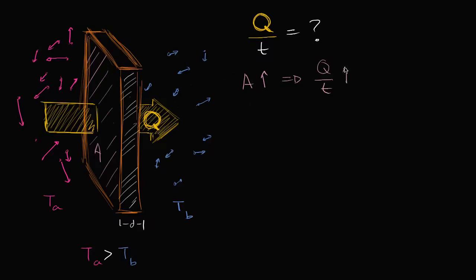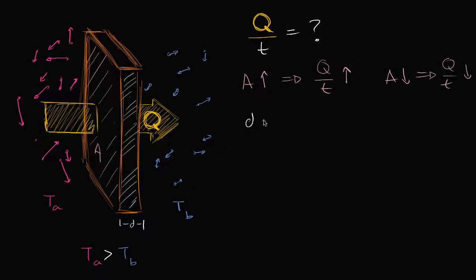So in that case, our rate of heat transfer would go up. Obviously, if I made my contact area smaller, then my rate of heat transfer would go down, and that feels like common sense.